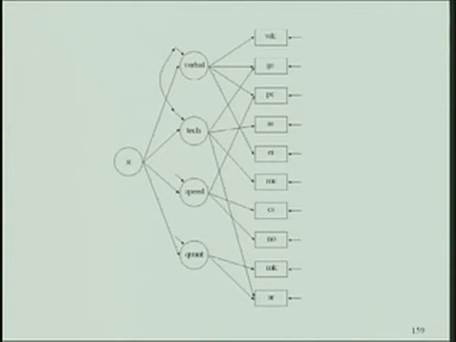Each item is related to that G factor as a product of the first-order factor loading times the second-order factor loading, indirect effects, much like the path analysis that Linda was talking about.